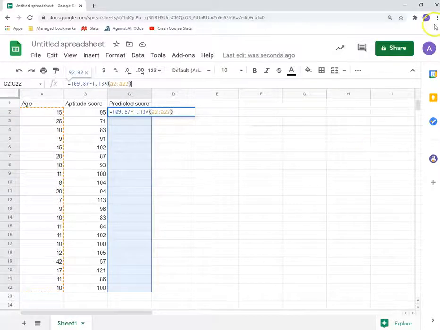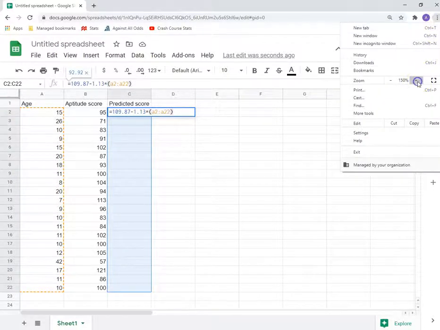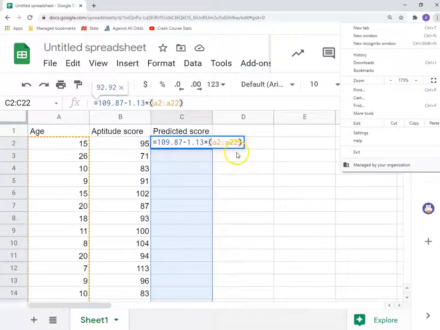Do I need to zoom in? Yes, please. So I typed in, that's just our least squares regression line from question 1 on the previous side of the paper. So your y-intercept minus the slope times, and then I told it where to find all my x values.